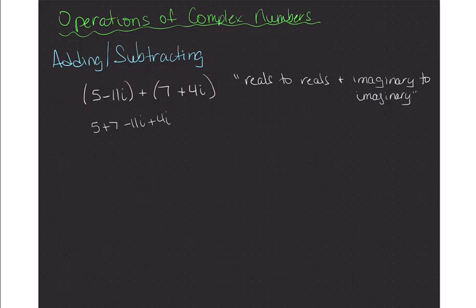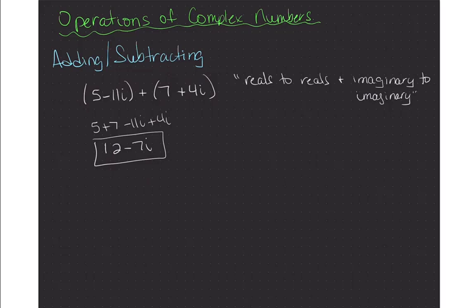So we end up with 12 minus 7i. Some of you could just look right up here and say, oh yeah, 5 plus 7 is 12, negative 11 plus 4 gives me my negative 7. And then for clerical purposes, it's in that standard form where you have your real and then your imaginary.